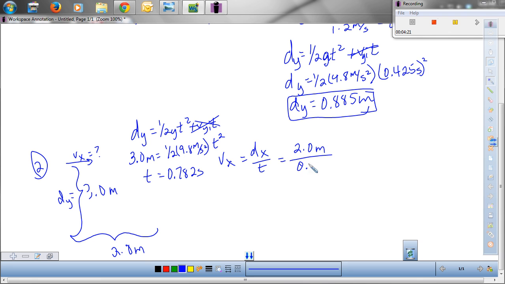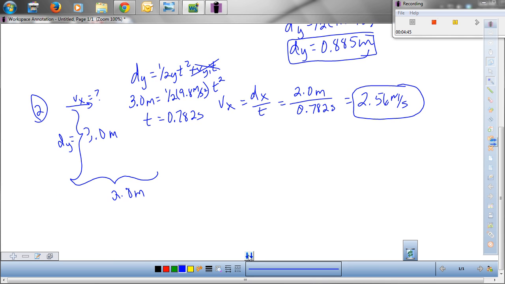So he must throw the apples at 2 divided by 0.782, which is 2.56 meters per second. And that takes care of number 2. Let's go on to 3.